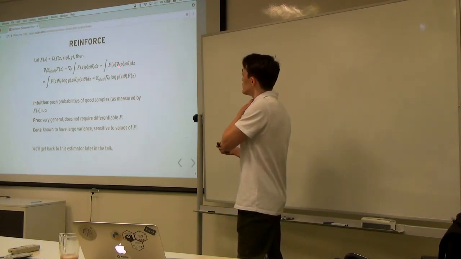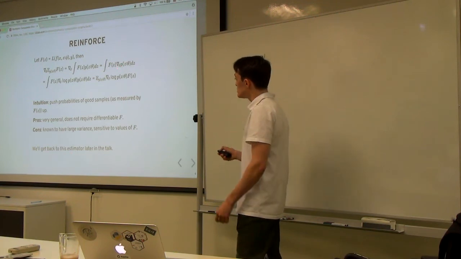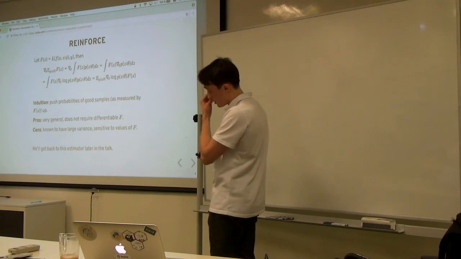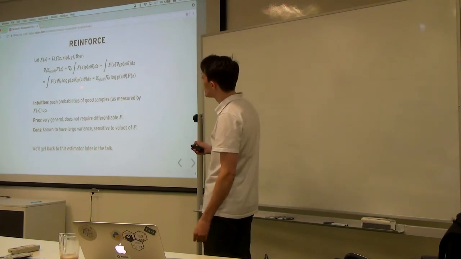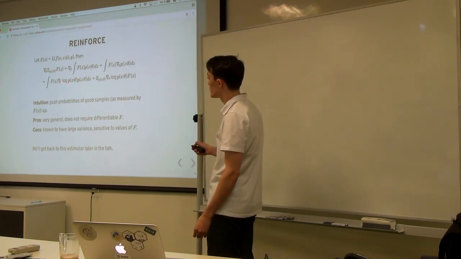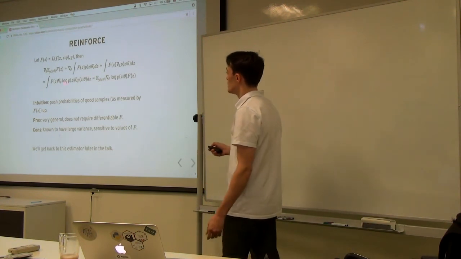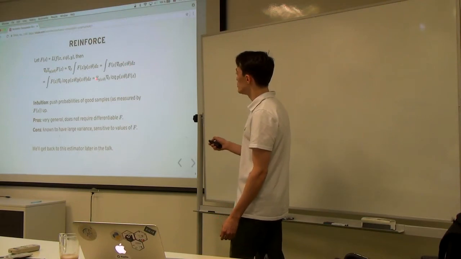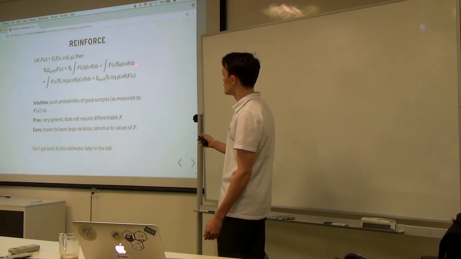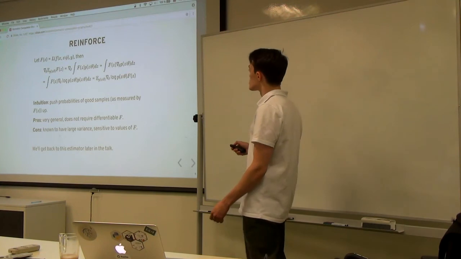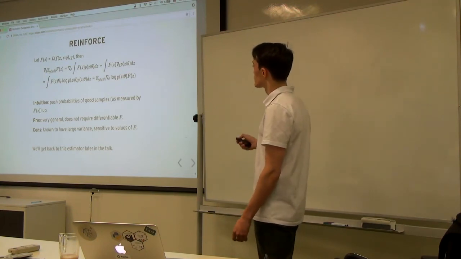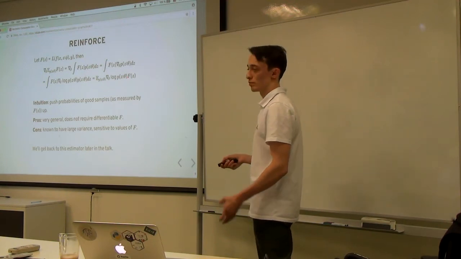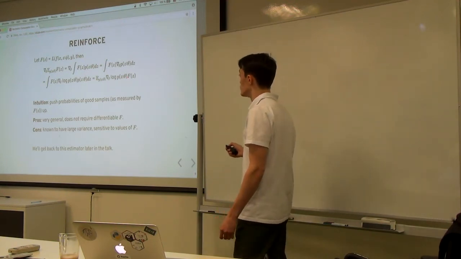So we put the gradient operator here. Then we note that if you differentiate the logarithm, it will have this density in the denominator, and in the numerator you will have the gradient of pi. So if you simplify this formula, you will get this one. So this transition is correct. And here we see that this is just an expectation of the gradient of the logarithm multiplied by the value of your function.